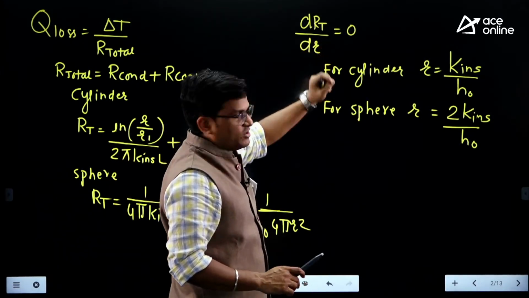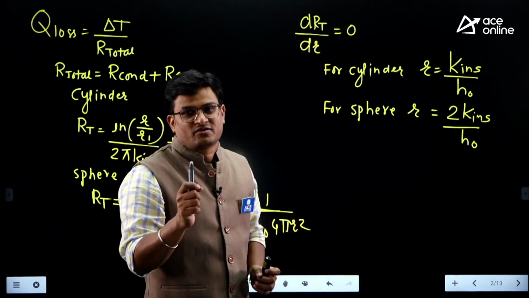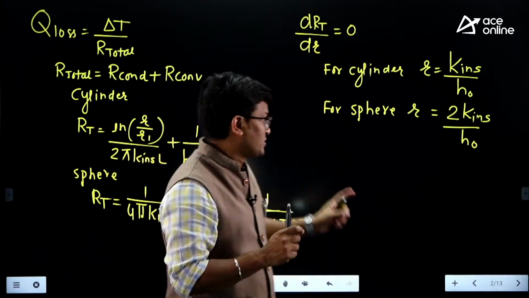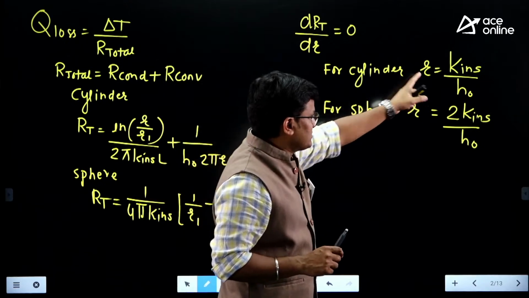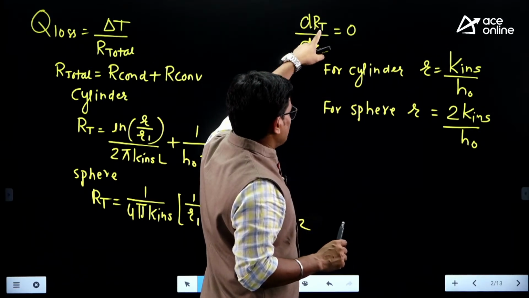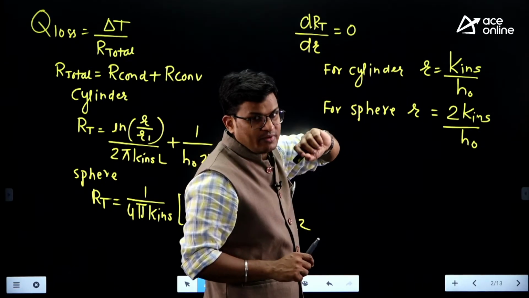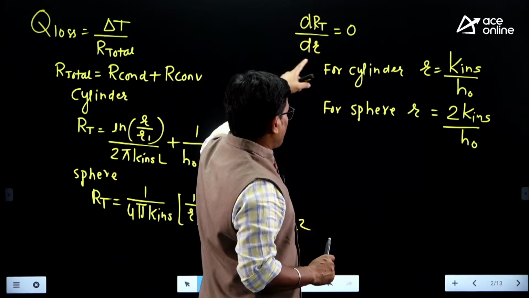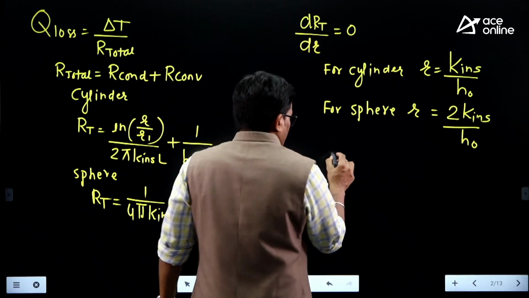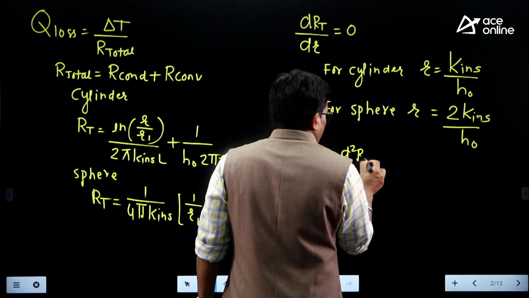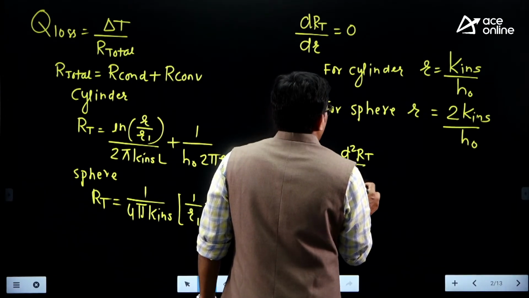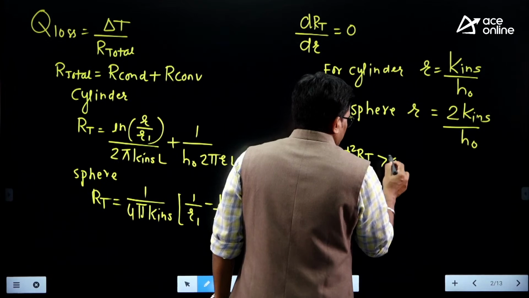But make sure that this is the radius you got when slope is equal to 0. So this is the radius at which the total resistance is either maxima or minima. Okay, but by cross checking the double derivative, d square R total by dR square, this is positive.